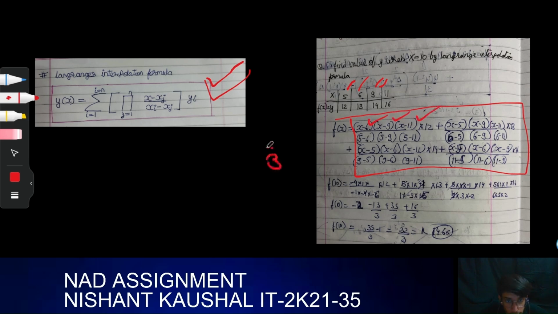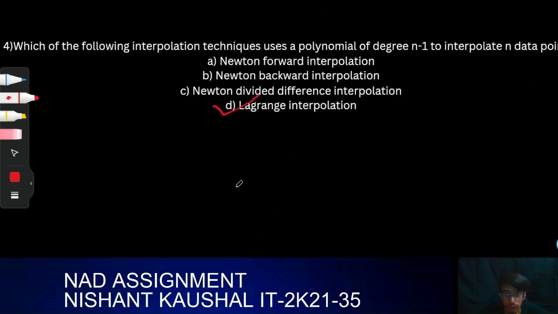Third order, because all these terms are in multiplication, and x into x into x will be degree 3. So the highest degree would be 3, and we have 4 data points. So if we have n data points, Lagrange's interpolation gives a polynomial of degree n minus 1 to solve the equation. So it should be D, Lagrange's interpolation.